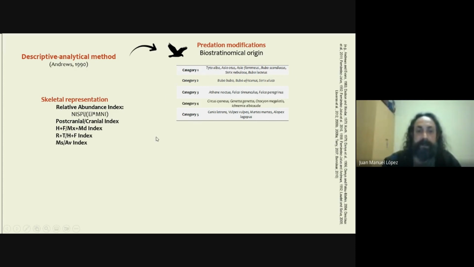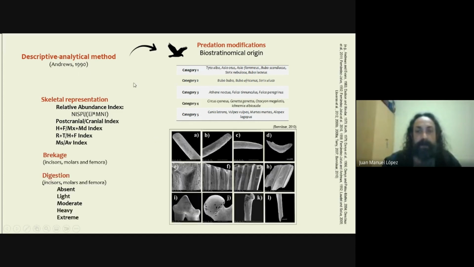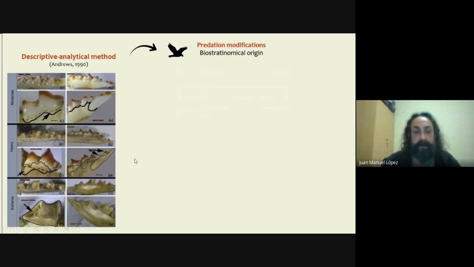In relation to digestion, you will find digestion in bones, in skeletal representation, breakage, and breakage of the small mammal materials. You can see here different kinds of things, mainly different kinds of digestion.